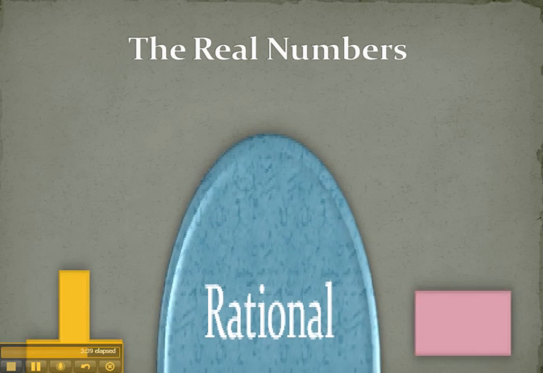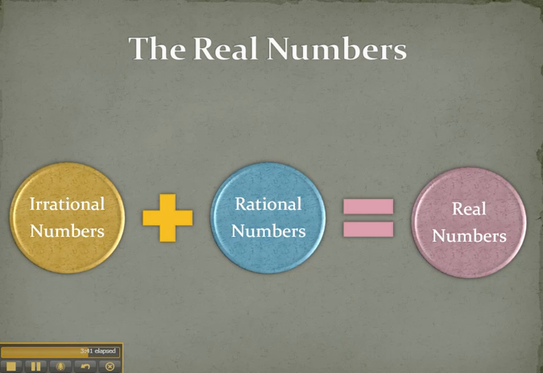When we add the irrational numbers together with the rational numbers, now we have an entire set that's called the real numbers. Now, as you move further on in math, you'll discover that that's not the entire number set, but it's enough to get us started.